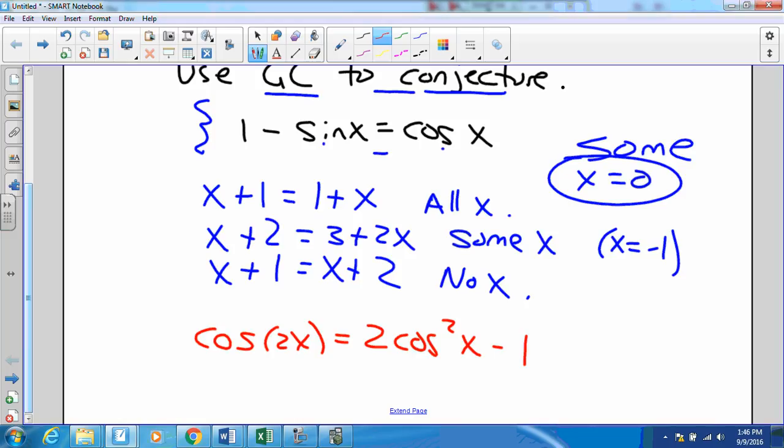So there's some, just some x, and a specific x value. How do you know it's true for all?